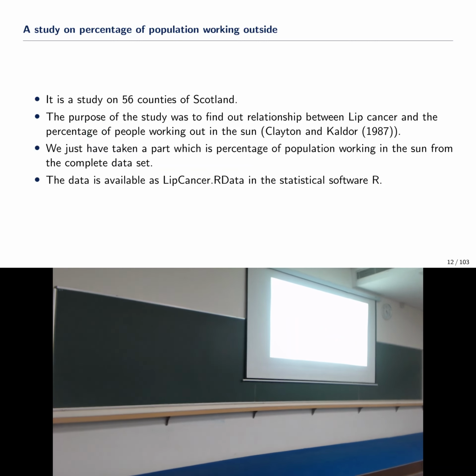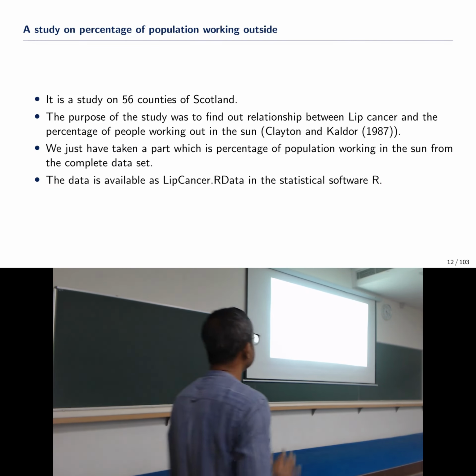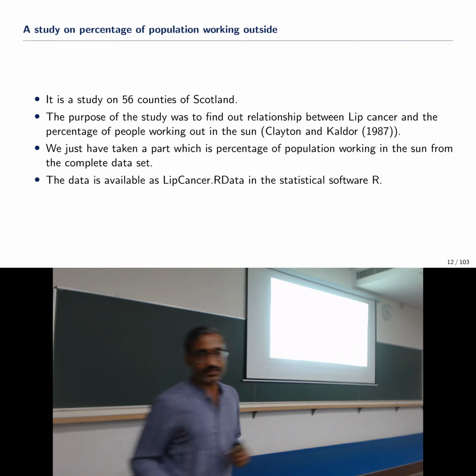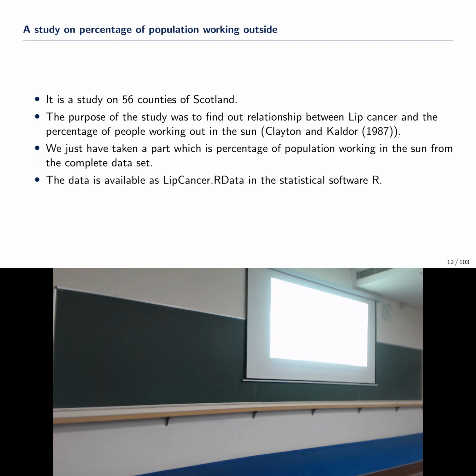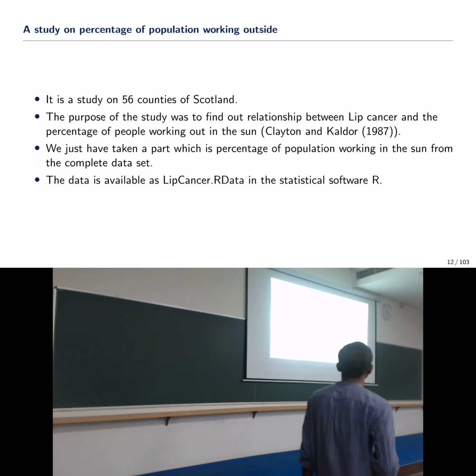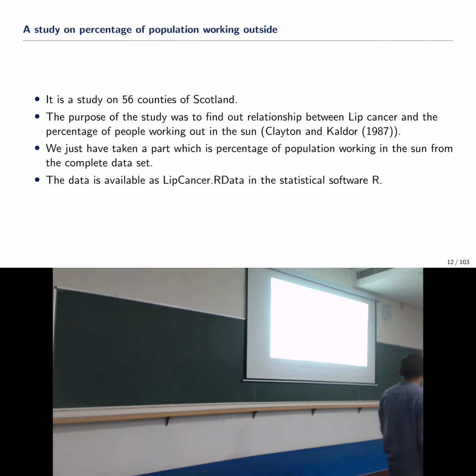But then I took another data set just for my own interest. It's a study on 56 counties of Scotland, studied by Clayton and Kaldor in 1987.